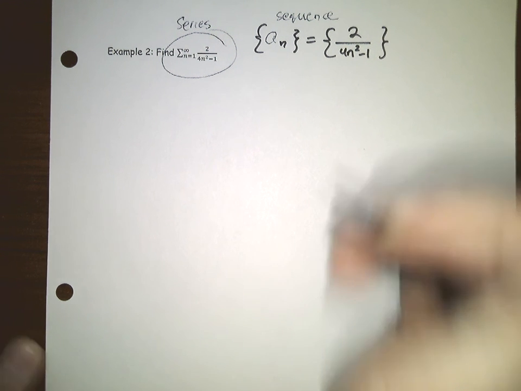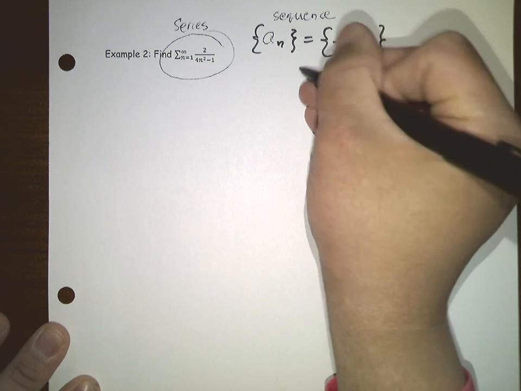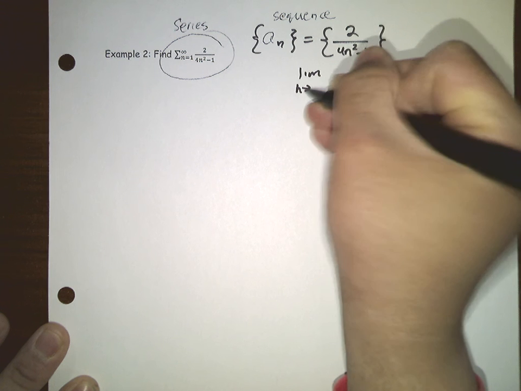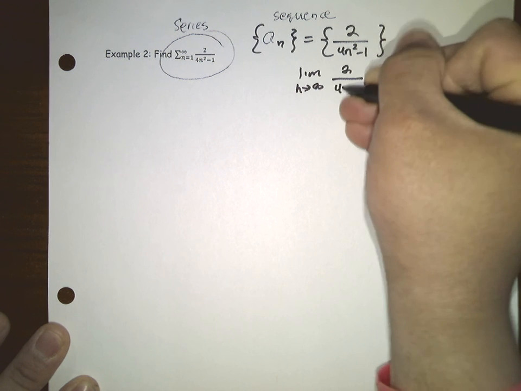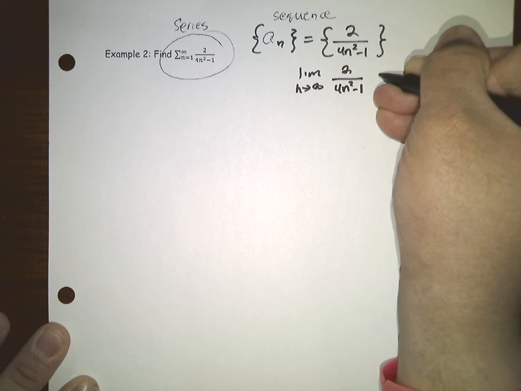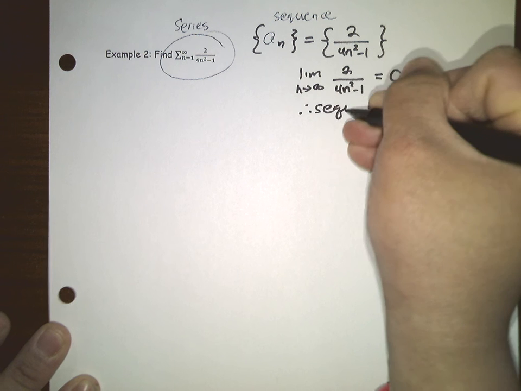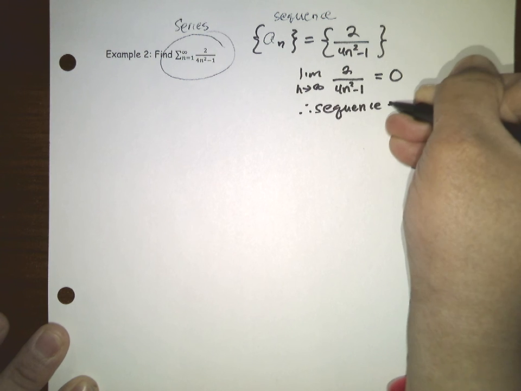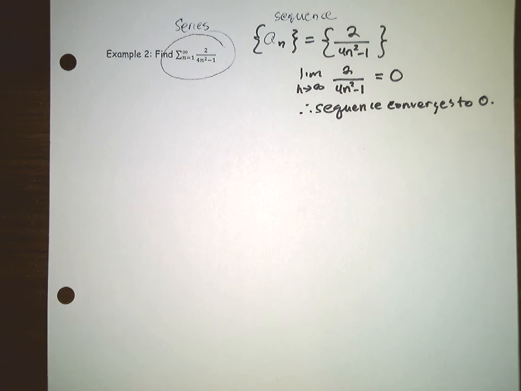We know that the limit as n goes to infinity of 2 over 4n squared minus 1 will converge to 0. So the sequence converges to 0.